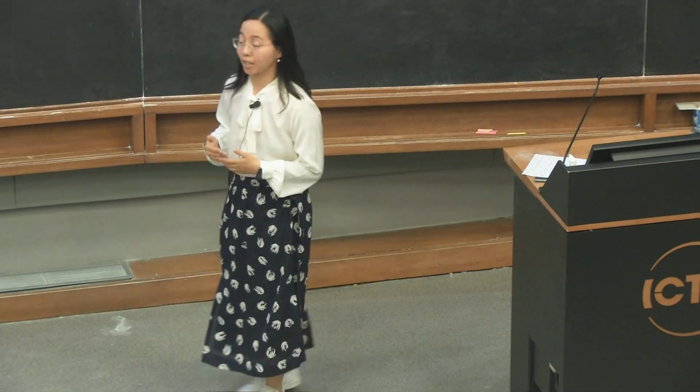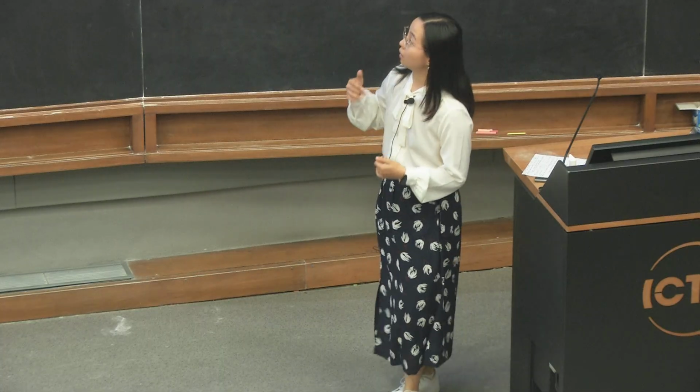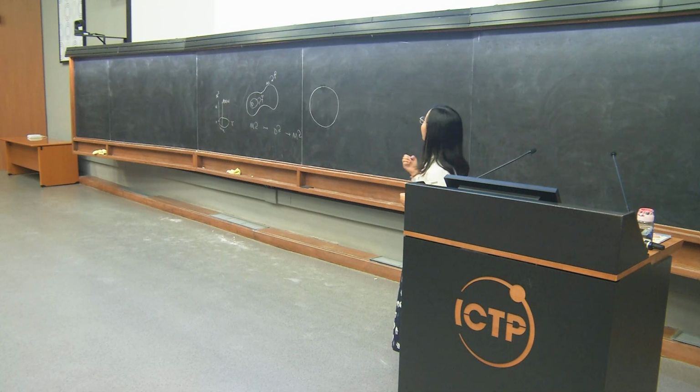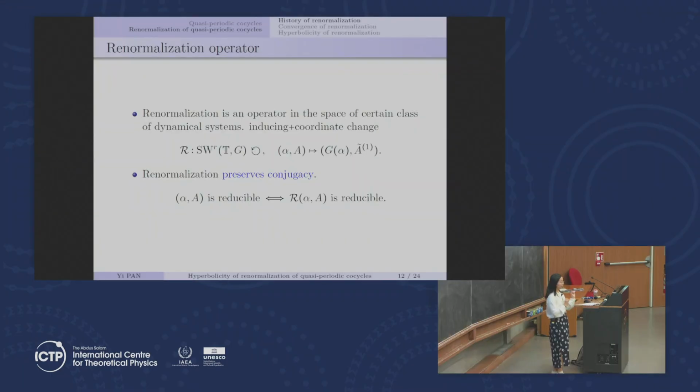So it itself may have some interesting dynamical property. And also, the dynamical behavior of the orbit along renormalization may provide some information on the original dynamical system we start with. And one important property of renormalization is that it always preserves conjugacy. Let's go with cocycles: two cocycles are conjugate if and only if their images under renormalization are conjugate.